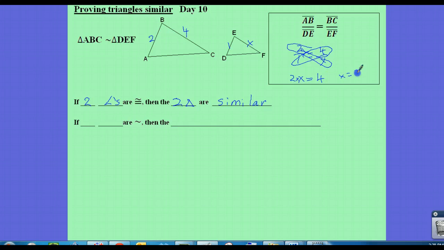X equals 2. Okay, let's see if that makes sense. 2 is double 1 and 4 is double 2. So yeah, that does make sense.